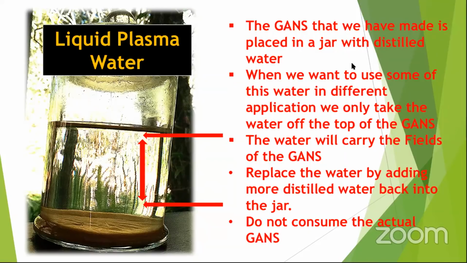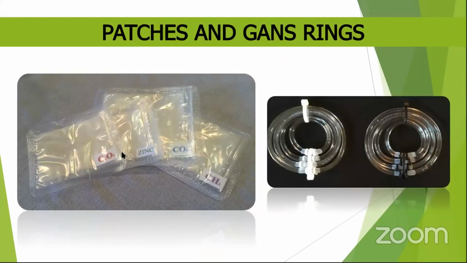So I repeat, do not drink the GANS, under any conditions, just the water on the top. Once you finish this water, you keep adding distilled water, and a few hours later you will have energized water from that GANS, and you can continue to consume it. In the future, we'll tell you how to use this water.